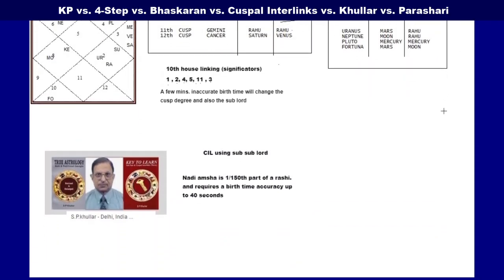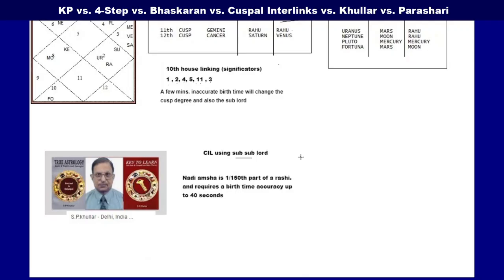Now let's look at what Khullar did. What Khullar did was that he adopted the Bhaskaran theory, and then he started using the sub-sub rather than the sub alone. So it became all the more precise.